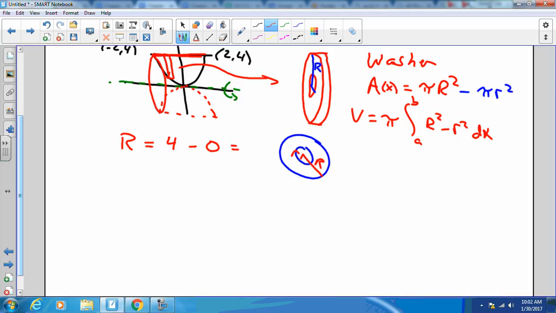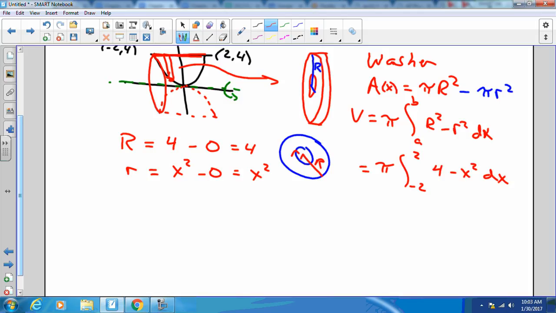So we identify here that the big R is equal to the outside defining curve, which is 4, minus the axis of revolution, which is 0. The fact that big R is constant simply means that the outside of this is going to look like a cell phone. And the inside radius is going to be equal to the inner defining curve, which is x squared, minus the axis of revolution, which again is 0.